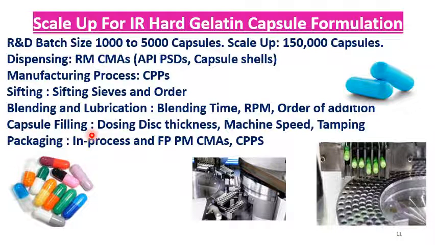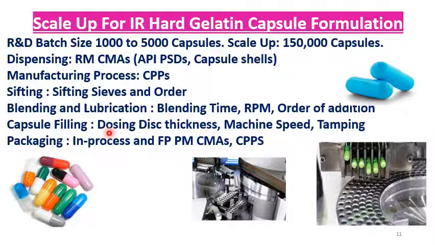Then capsule filling. In capsule filling, the dosing disc thickness, machine speed and tamping will be very important. See here, the dosing disc thickness will be decided based on the trials taken in R&D, and also sometimes more than 2-3 dosing disc thicknesses are evaluated for scale up, and dosing disc thickness is a fixed parameter and that is not a CPP.